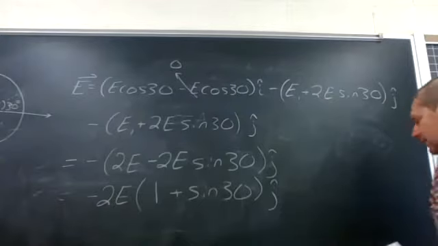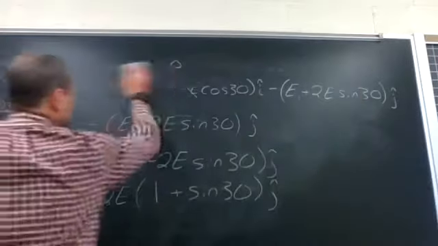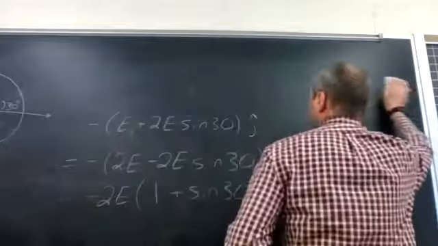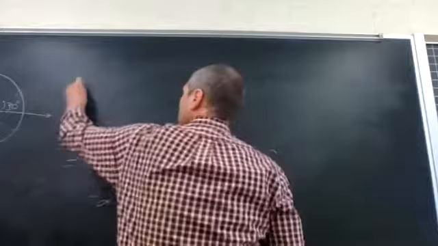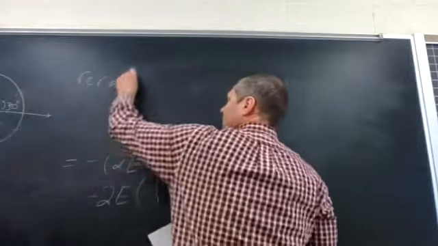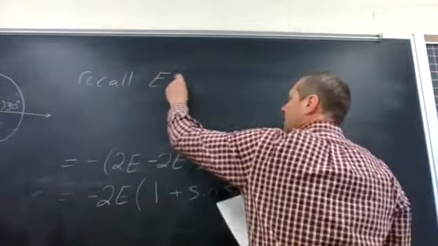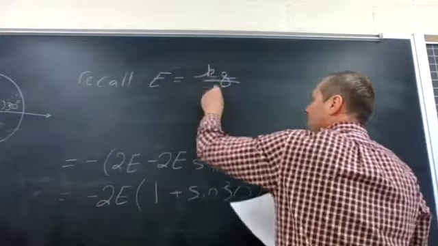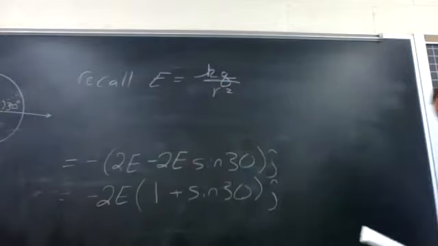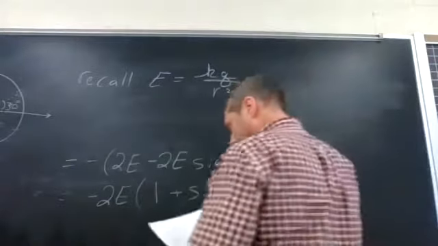Now recall that E is equal to KQ upon R squared. We can substitute that in here.